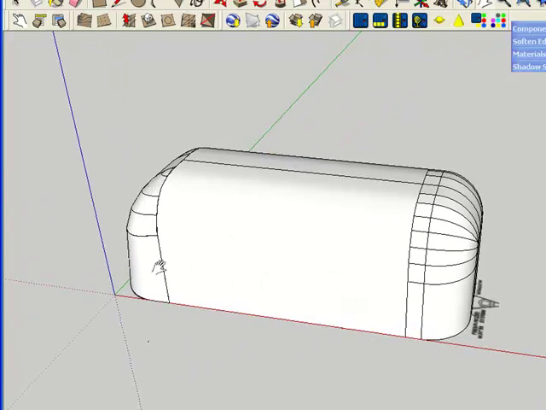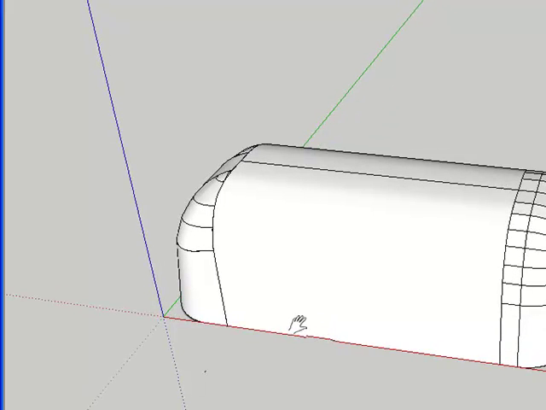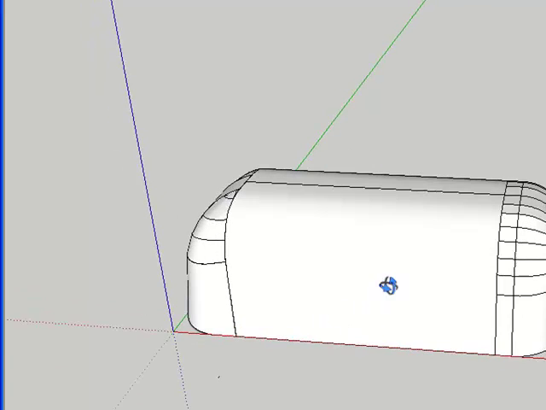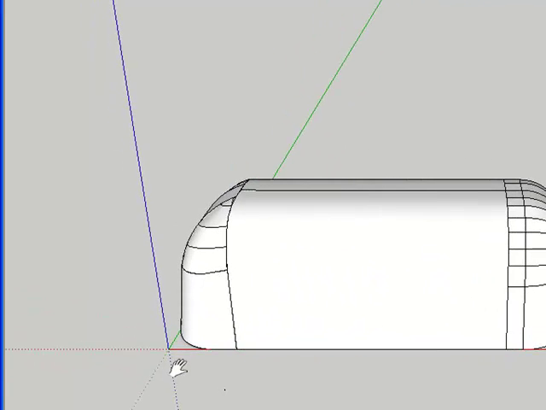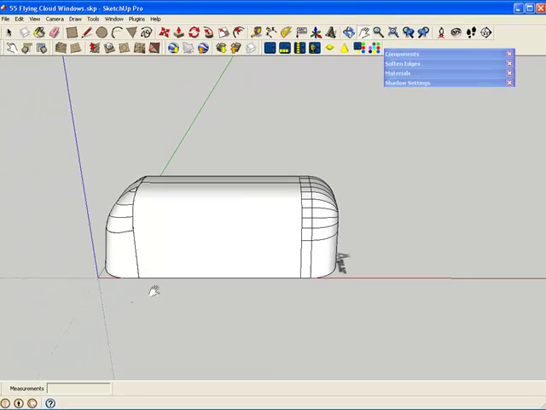If you have your trailer set up so that the long side of the trailer is on the red axis, as I have, and that's what I've continued to talk about. You may have yours going a different direction for whatever choice you made. So the thing you need to think of is, the red axis is parallel to your line of view or your TV screen here.